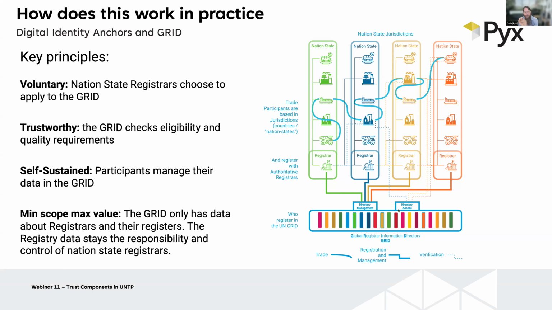Nation state registrars choose to apply to the GRID. It's trustworthy: GRID verifies eligibility and quality requirements. It's self-sustained, so participants manage their data on the GRID. And the GRID only has data about registrars and their registers, not any of the specific identifiers. That's delegated out to the registers in each nation state.